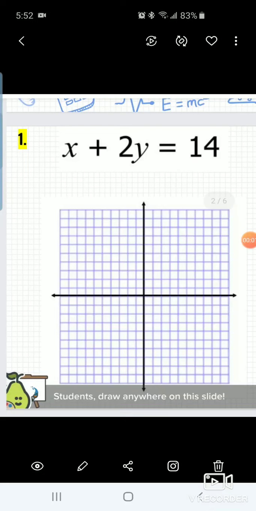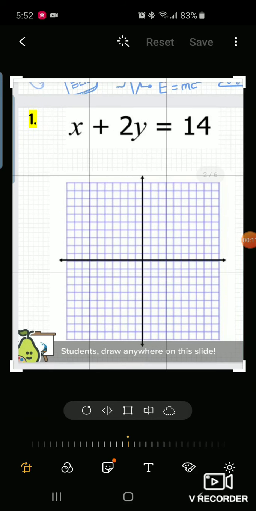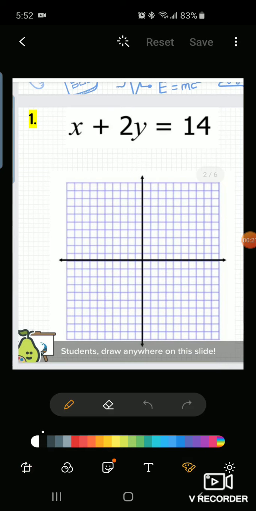Alright, in order to solve this and be able to graph the slope-intercept form, we're going to first get y by itself. In order to get y by itself, you're going to have to add the inverse operation of positive 1x. So we see here, we have a positive 1x.